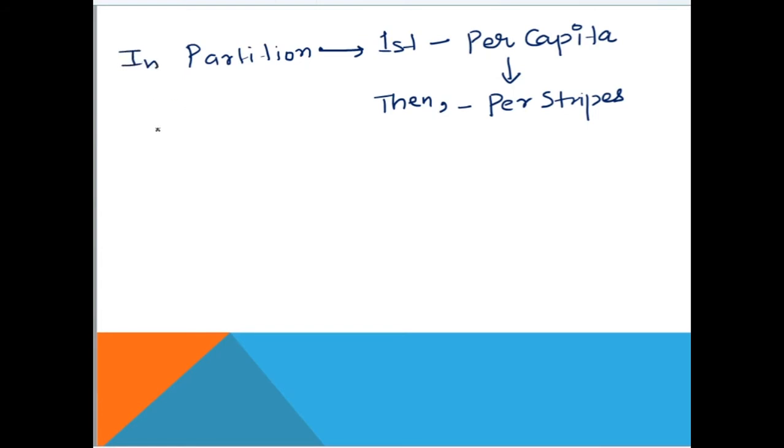However, in succession the rule is only per capita. There will be no per stripes division.